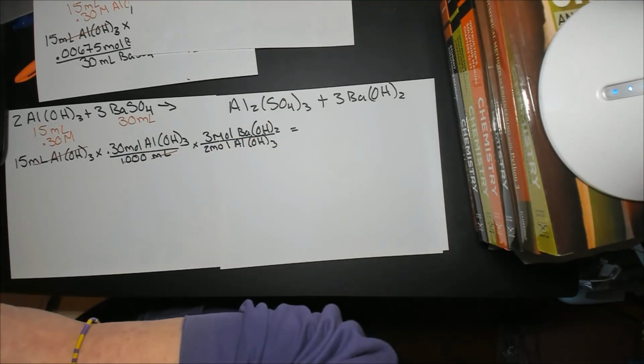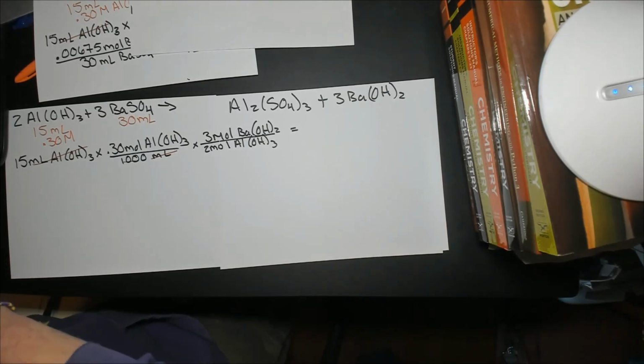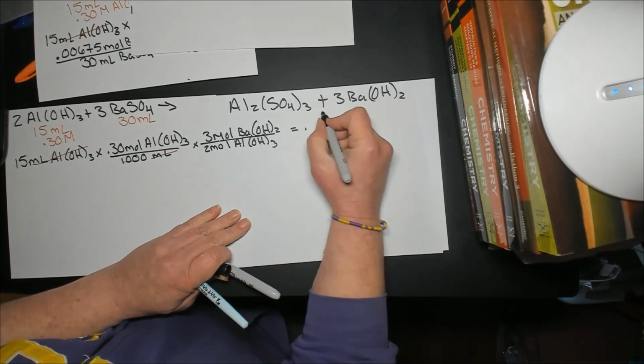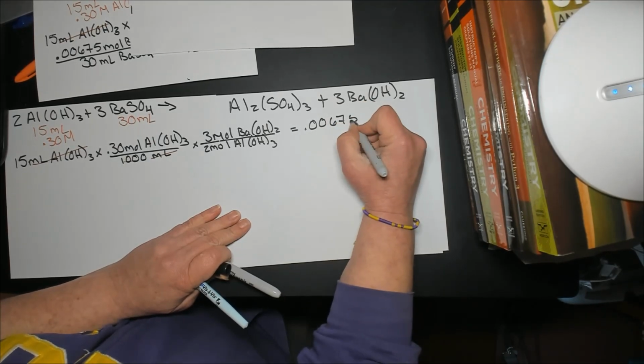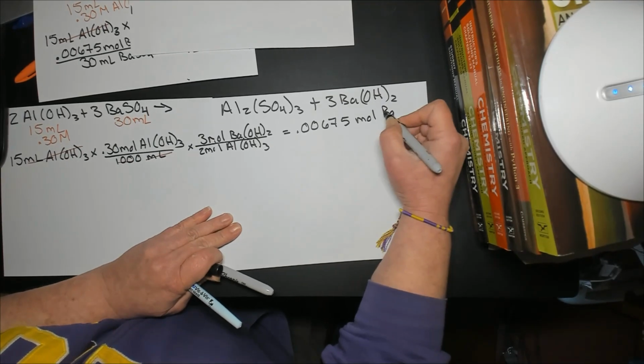Put that in my calculator, and I get 0.00675 moles of BaOH2.